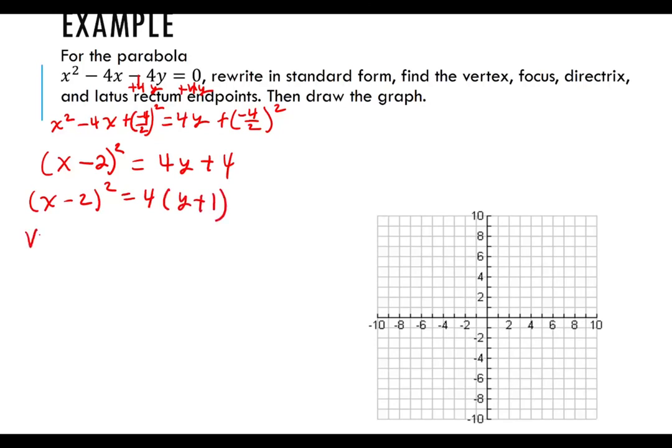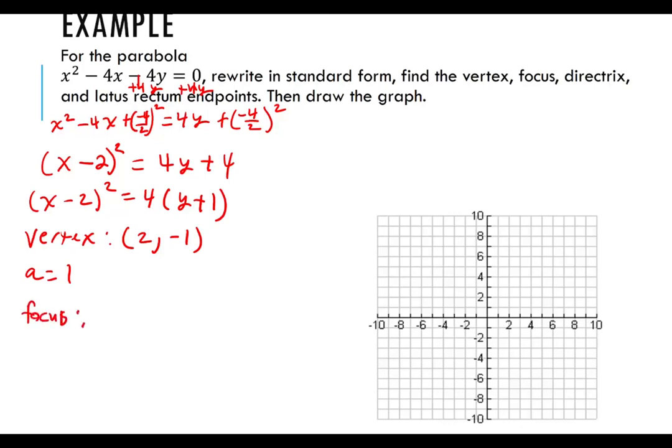At this point, recognize that our vertex is 2, negative 1, and recognize that the 4 is already factored out. And so what times 4 gives us 4? Well, 1, and so we also know that a is equal to 1, which means that we know what our focus is.